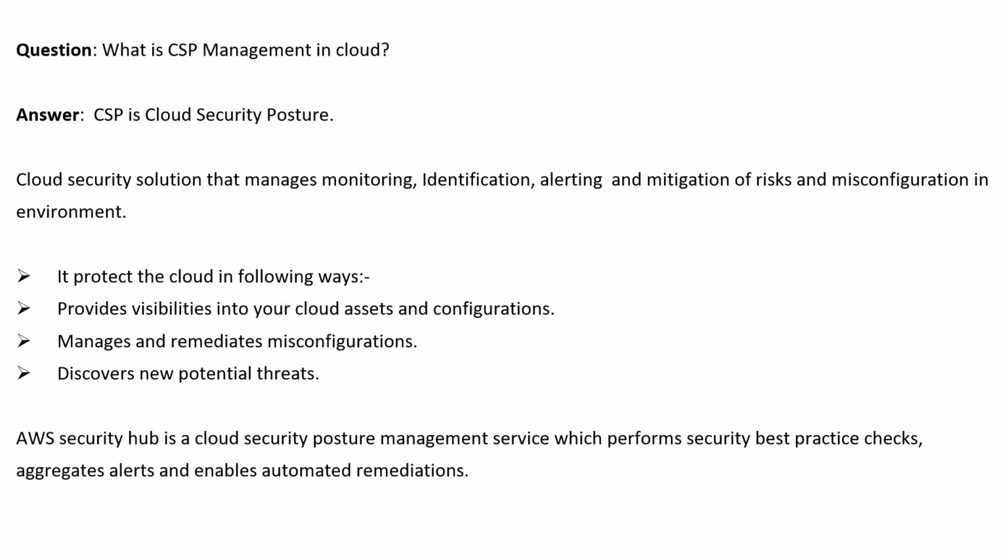Identification of risk, and gives us alarms and misconfiguration alerts. So such security posture tools we are talking about. It protects the cloud in the following ways. For example, it provides visibility into your assets and configurations, manages the remediation of misconfigurations, and discovers new potential threats.